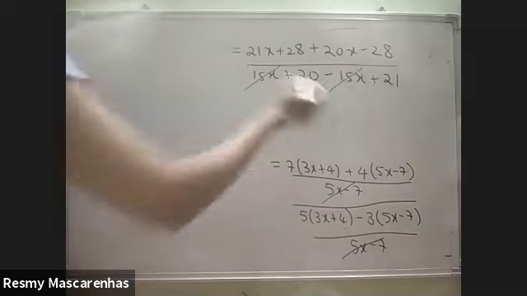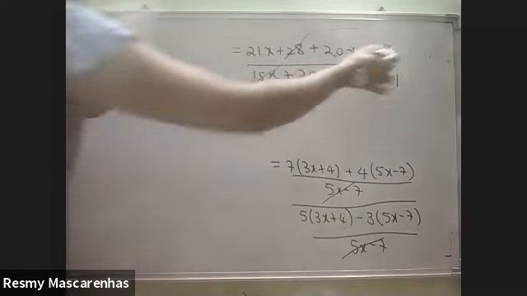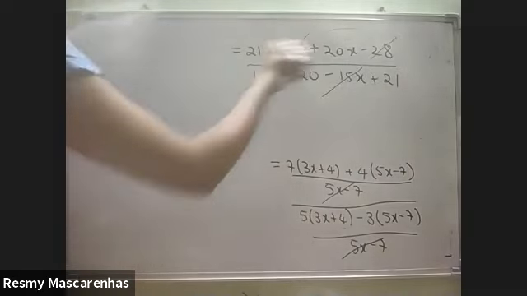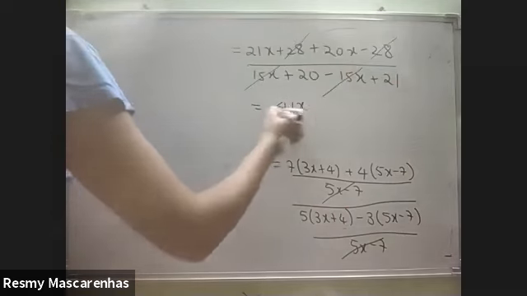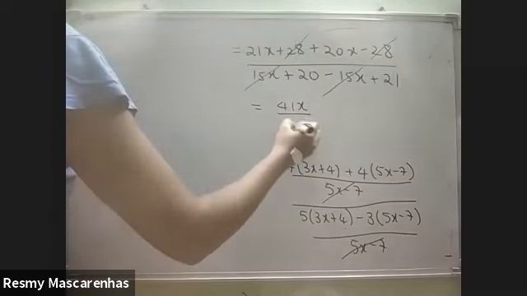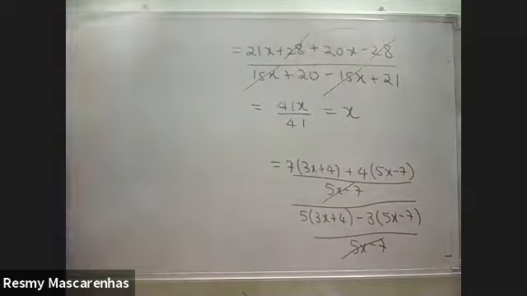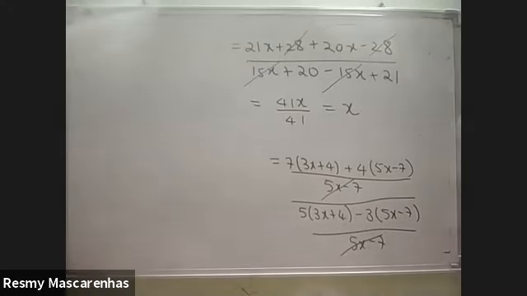So 15 will cancel here. So this will become 41x upon 41. So that value will be x. The second one is also x. X you are getting, okay.